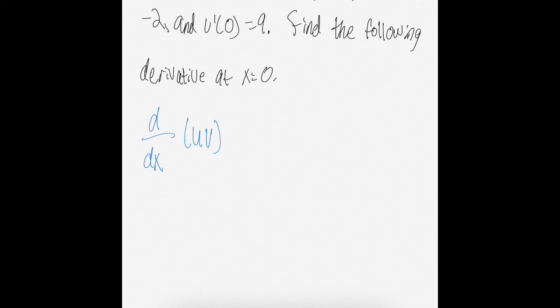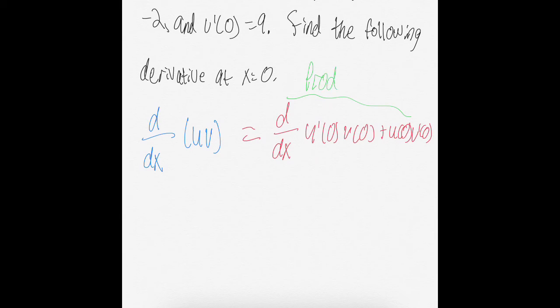And here's why. I don't know what u and v are, but I do know from the product rule that this derivative is just u prime of 0 times v of 0, plus u of 0 times v prime of 0.